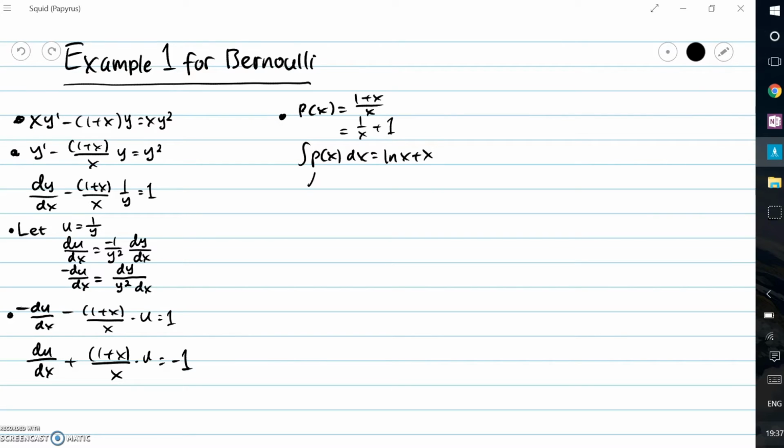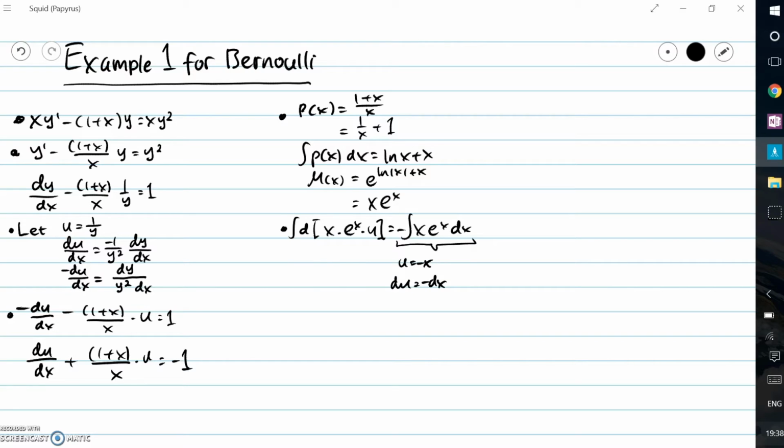We can find out what p(x) is, and then we can also calculate mu(x). Now we calculate the integral of e to the power of x times u equals the integral of negative x e to the power of x dx. After finishing the integration, we put u on the left side and then substitute back to y.